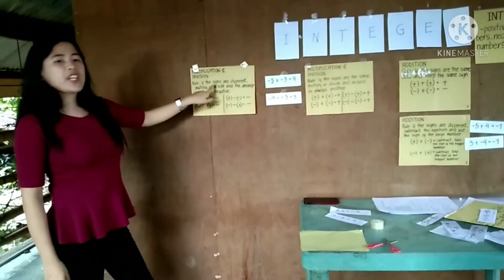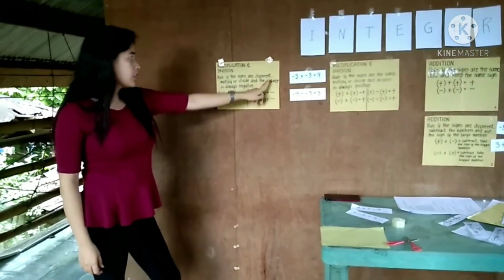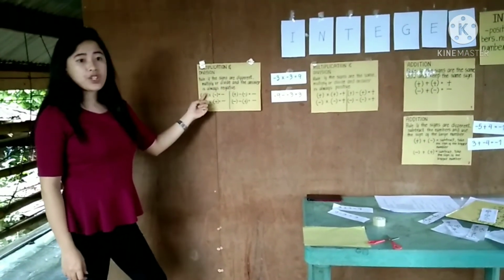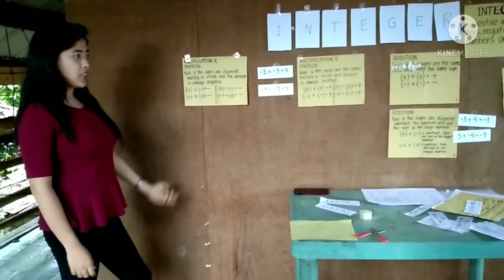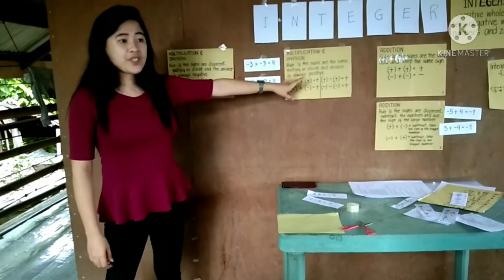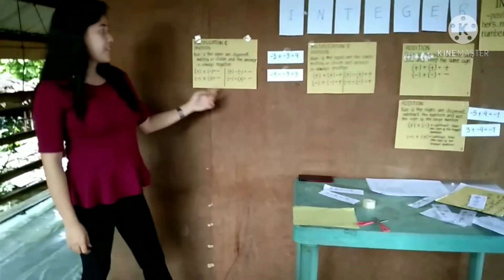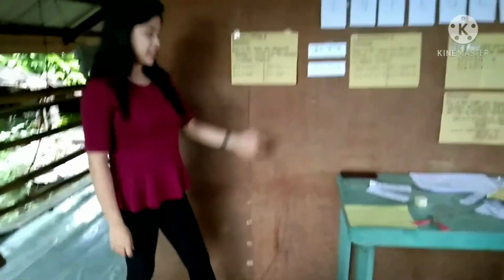Rule. If the signs are different, you multiply or divide, and the answer is always negative. So kung parehas sign, the answer is always positive. But if different ang signs, the answer is always negative.